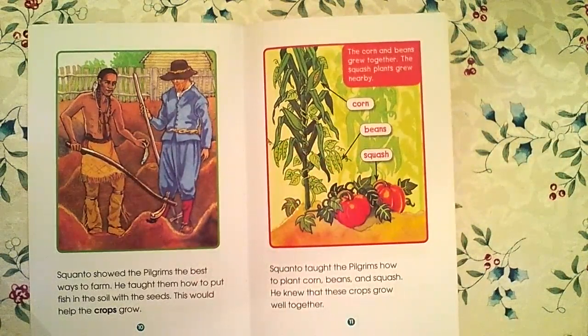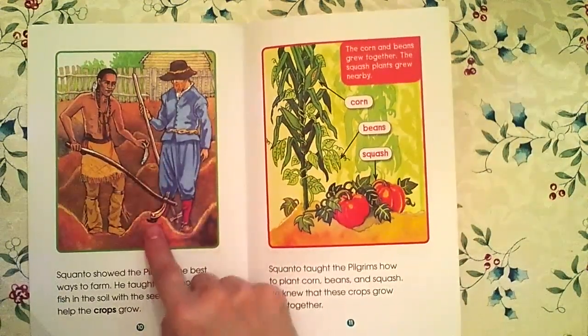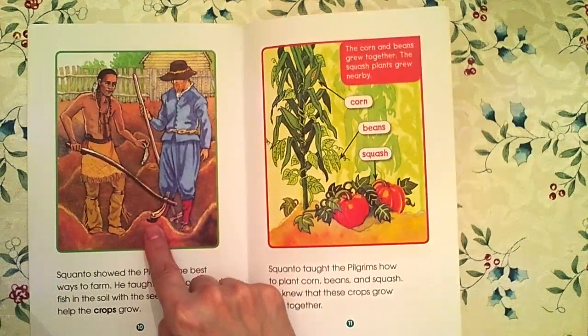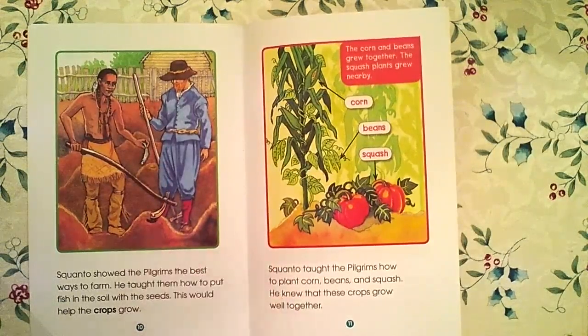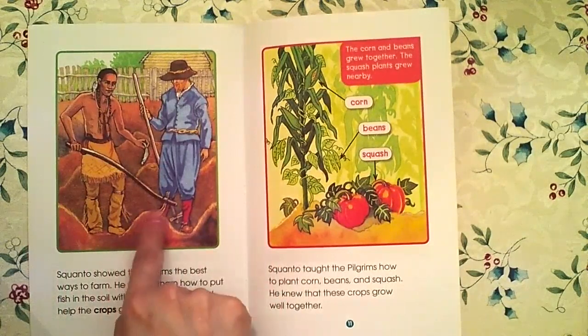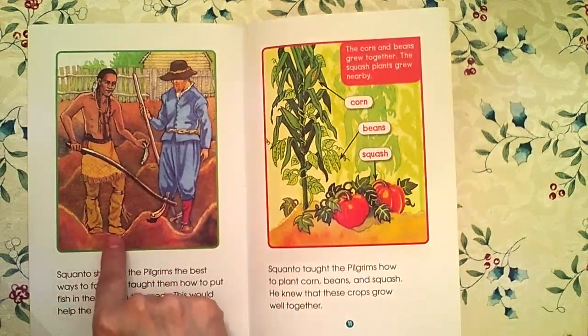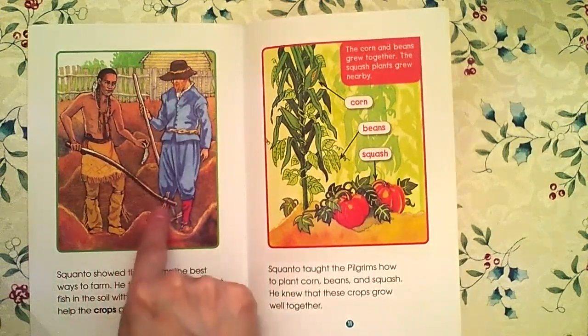Squanto showed the pilgrims the best ways to farm. He taught them how to put fish in the soil with the seeds. This will help the crops grow. Can you see how they prepare the dirt, the land, with the mounds and lows, mounds and lows?